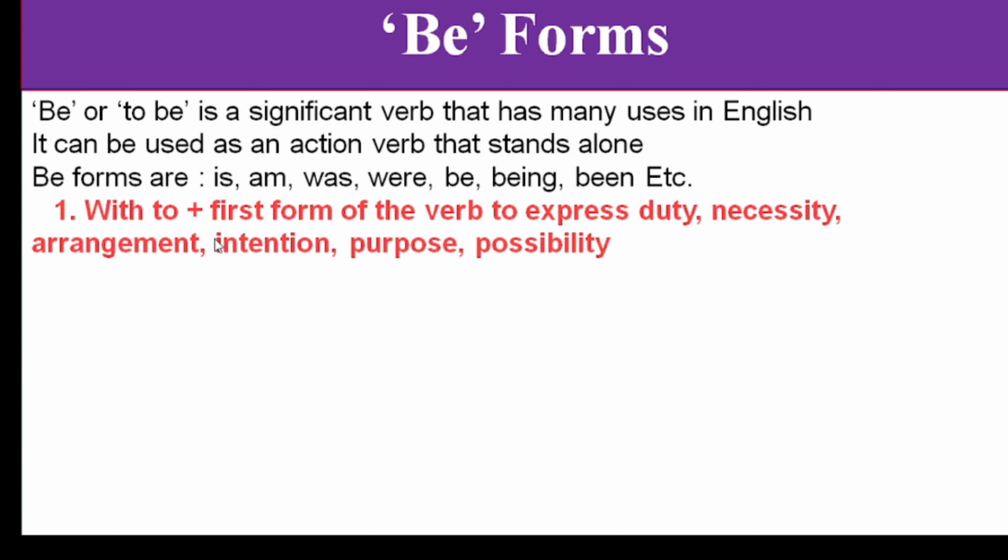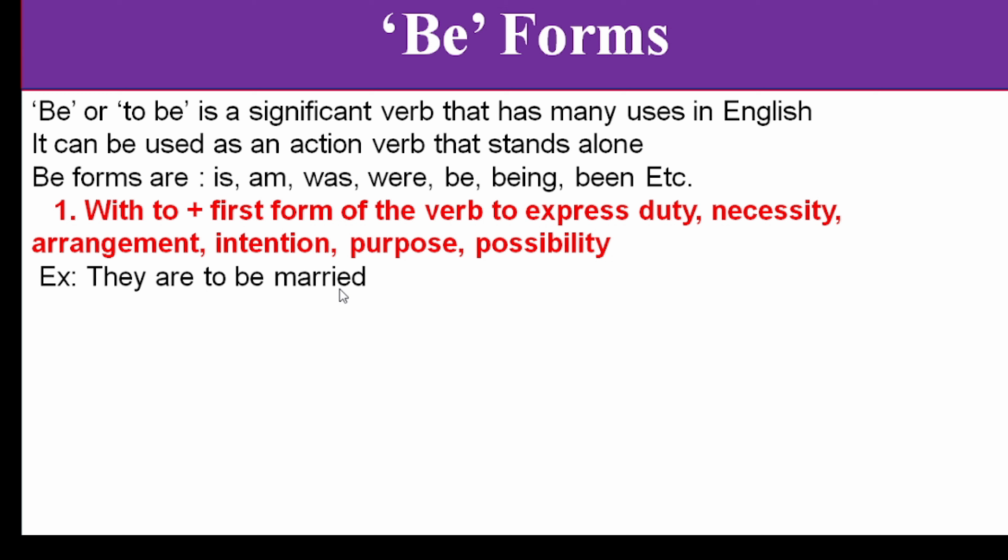Dear students, the uses of the be forms are that we can use them with the first form of the verb to express duty and necessity, arrangement, intention, purpose, possibility, etc. Look at the example: They are to be married.